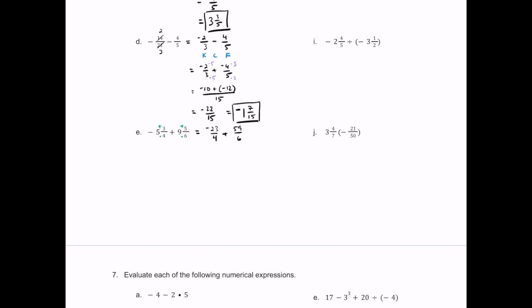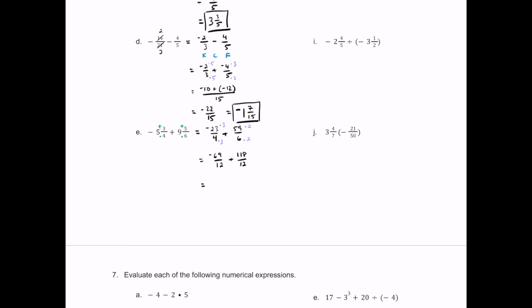Okay, so we have improper fractions here. The only problem is we don't have common denominators yet. 4 and 6, I think, meet at 12 for the first time. So I'm going to multiply by 3 and 3 on the left, and then multiply by 2 and 2 on the right. And if we do that, we're going to get negative 69 over 12 plus 118 over 12.